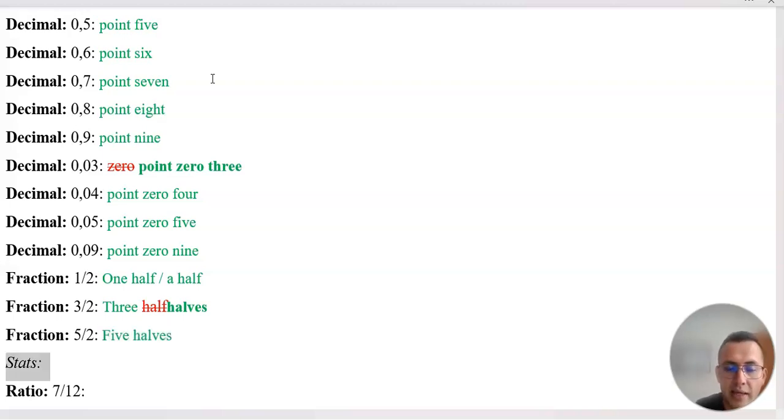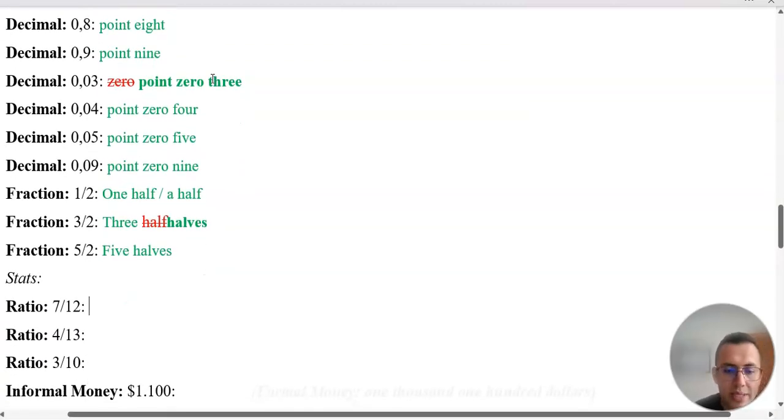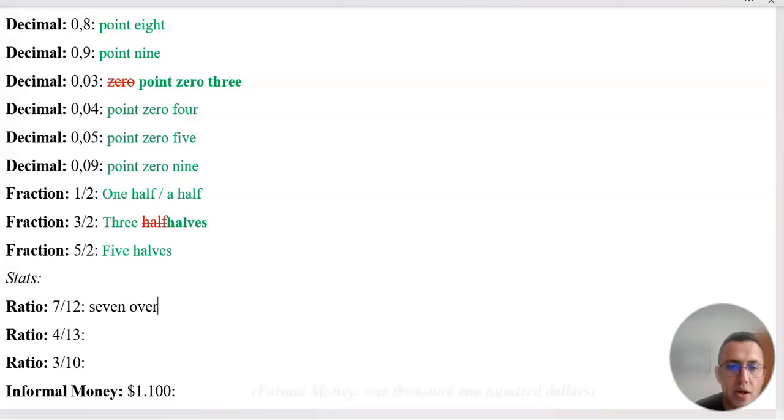Ahora, in the context of stats, estadísticas, or ratios in this context, we say seven twelfths. Lo que estamos diciendo es 7/12. O, in another case, we could say seven out of twelve. Si me quedan 7 preguntas correctas de 12, ¿sí?